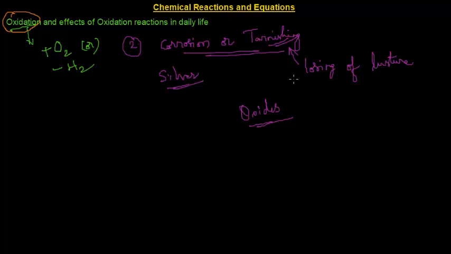This process, that means losing luster, is tarnishing, and the way in which the silver or any metal get tarnished is called corrosion.